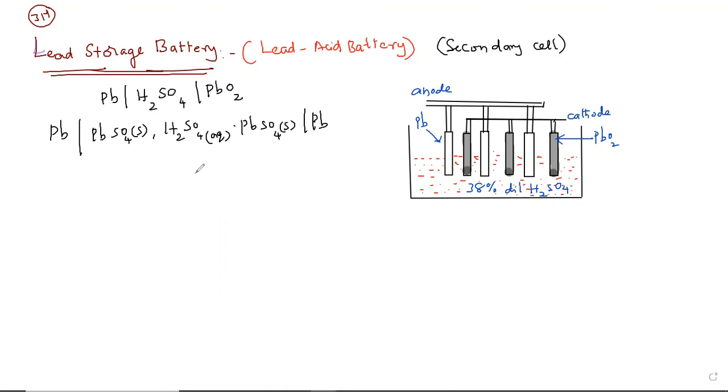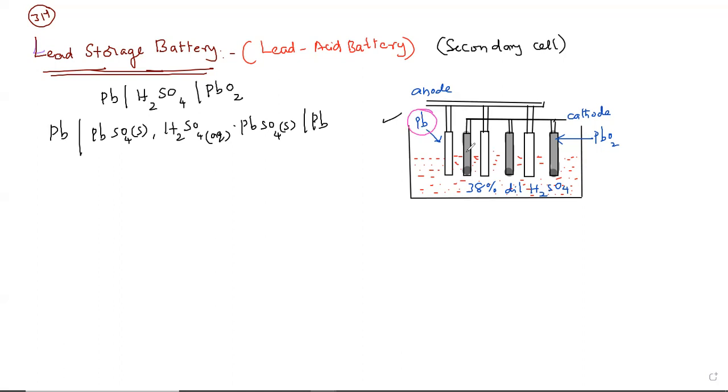So what are the important parts? Let us see. We have a lead metal rod here, and this lead metal rod is going to act as the anode. At the same time, you are observing some other black colored parts of these rods.